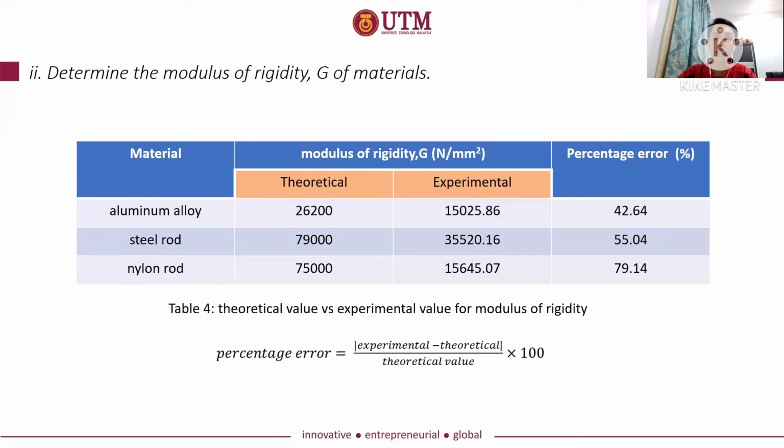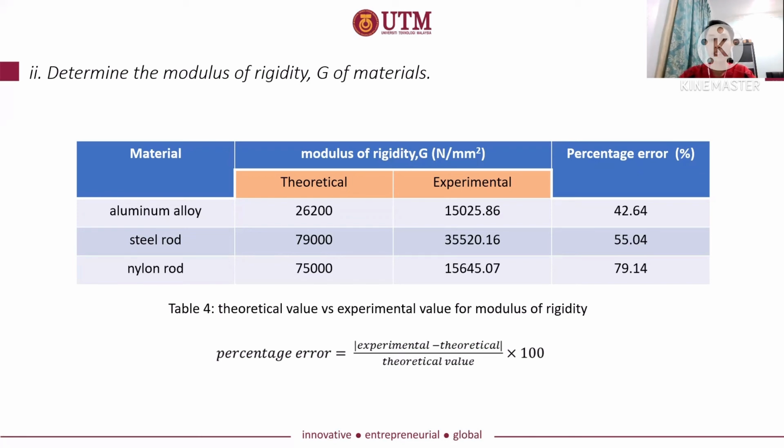Number 2, determine the modulus of rigidity of material. From the result and the calculation, the experimental value for modulus of rigidity for aluminium alloy is 15025.86 Newton, and for steel rod the experimental value is 35520.16 Newton, and for nylon rod is 15645.07.